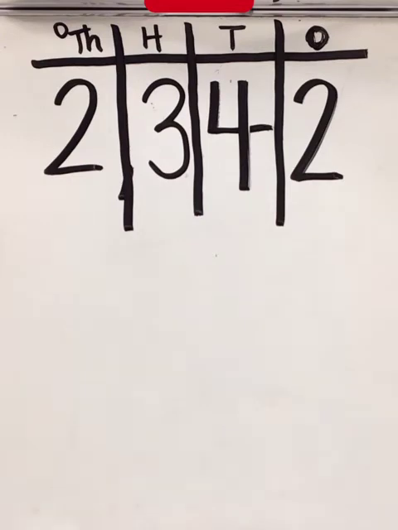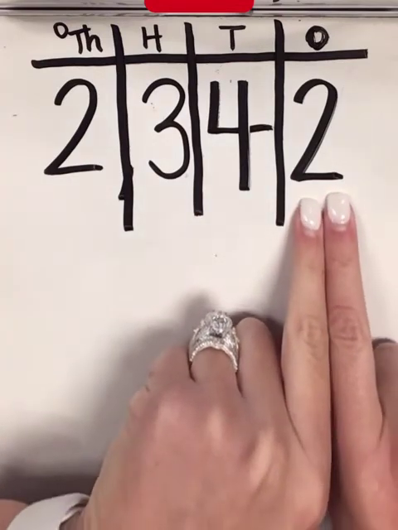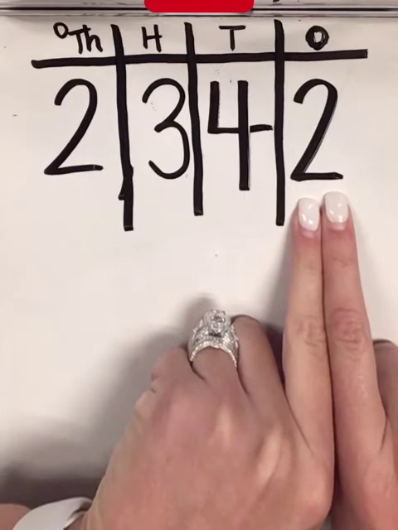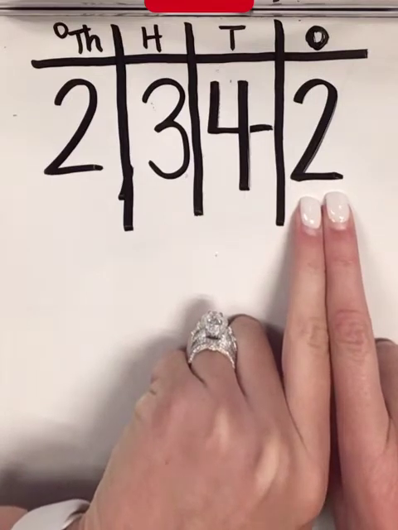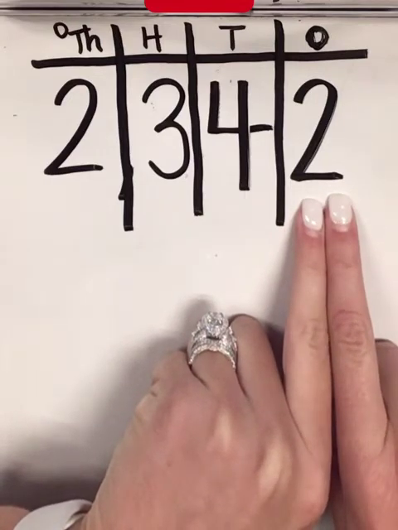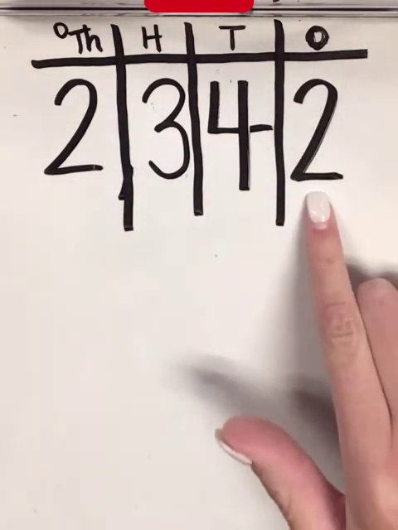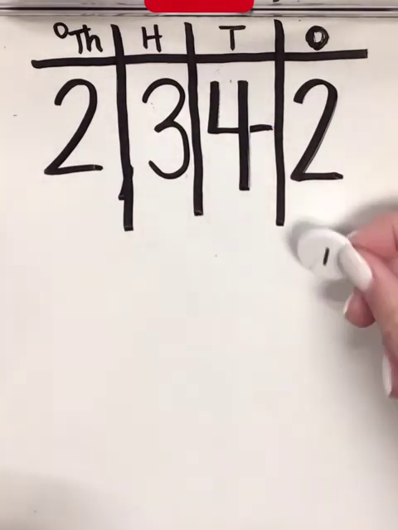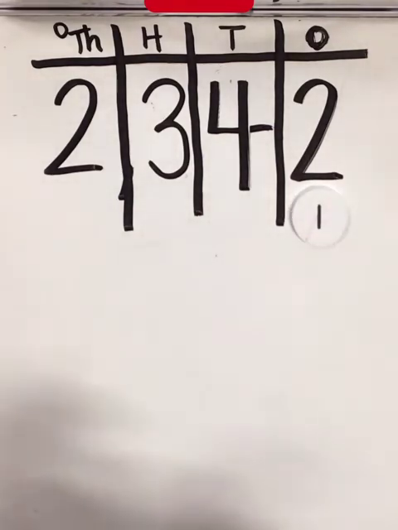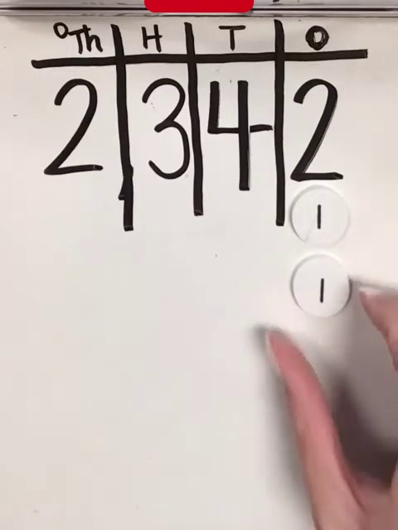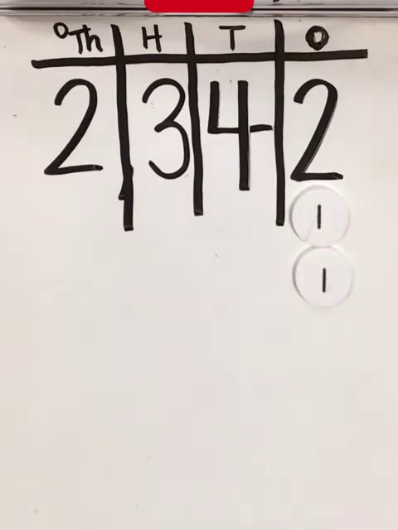So we are going to start in our ones place, and we're going to make this picture. Let's look at our digit right here in our ones place. What is the value of the digit in the ones place? When we have something in the ones place, we know the value is just 1. But our digit is 2, so we need 2 ones in our place value disks.